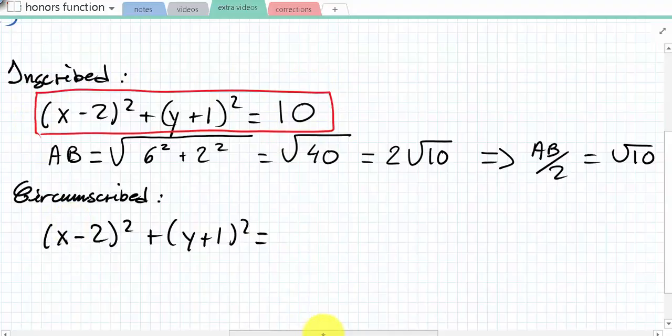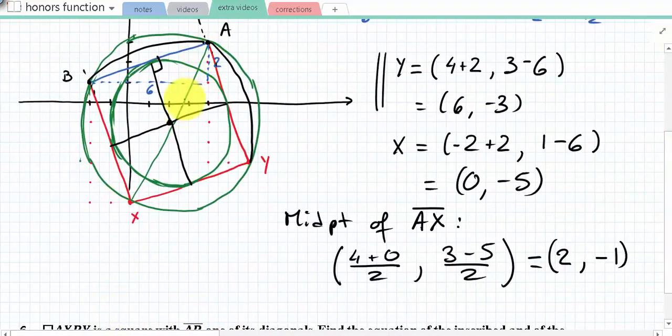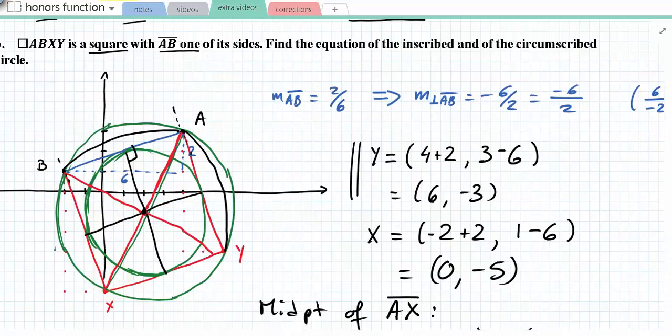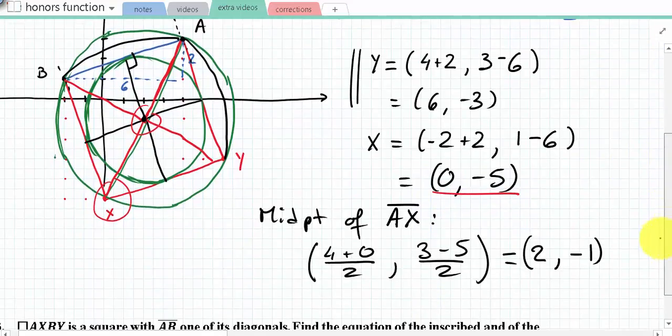Here's the first one. Let's get the second radius. Now the second radius, you will find it right here, the distance between the center and one of the vertices, or right here, or right here, or right there. So to find my radius, I will use the point X and the center. And so it is 0, negative 5, and 2, negative 1.